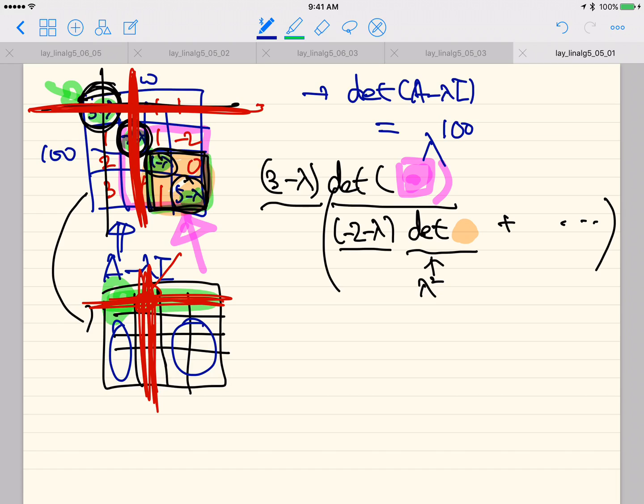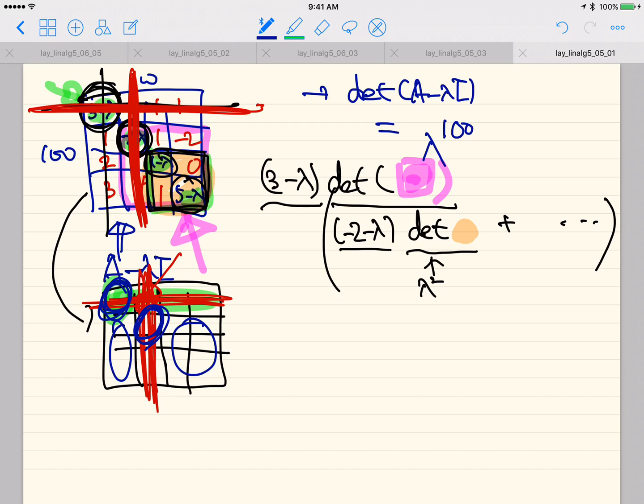In that case, even though the matrix is a 3x3, we only have two diagonal terms that have lambda, right? Because we removed this term that contained the lambda and this term that also contained the lambda. So the remaining terms that contain lambda are only 2, right?